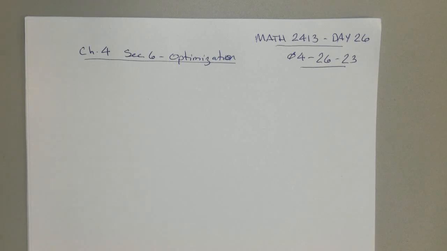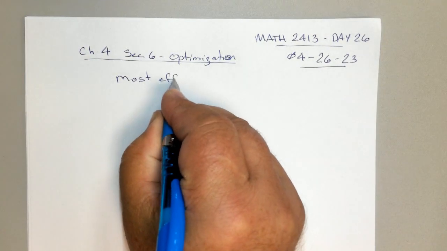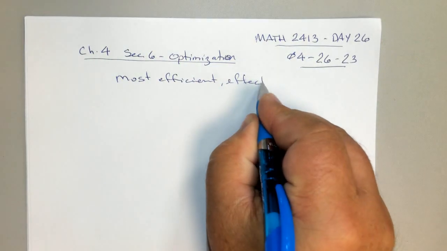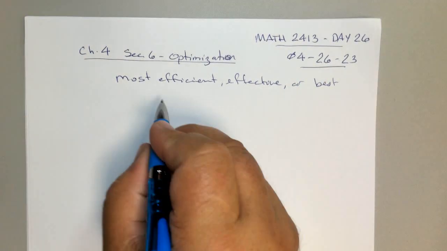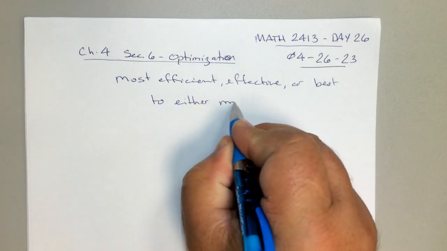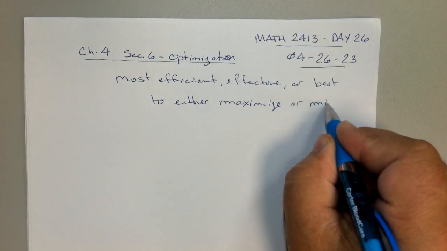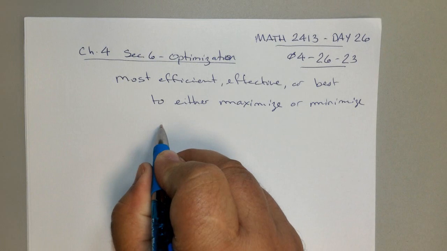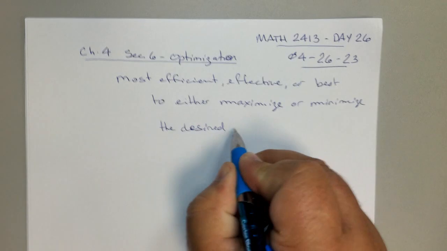All right, so most efficient, effective, best, is to either maximize or minimize the desired result.